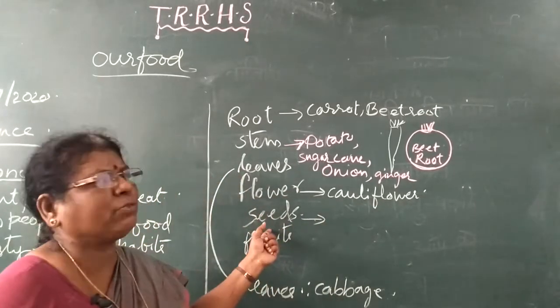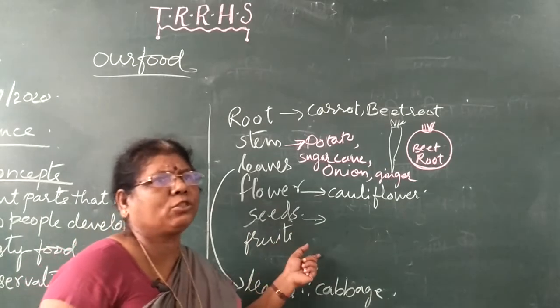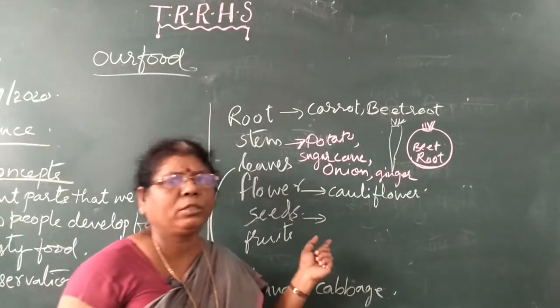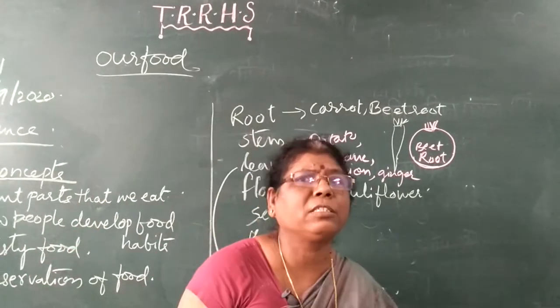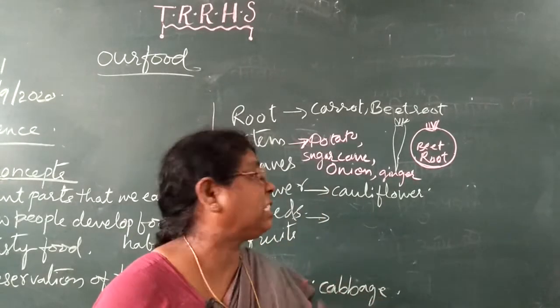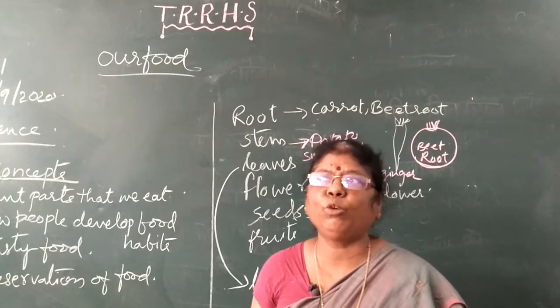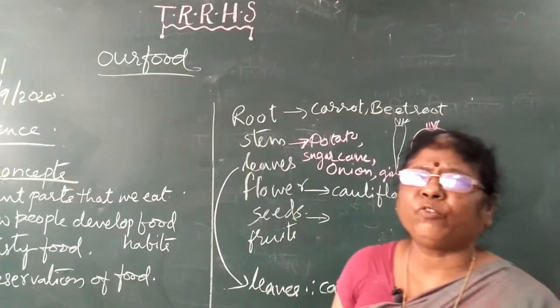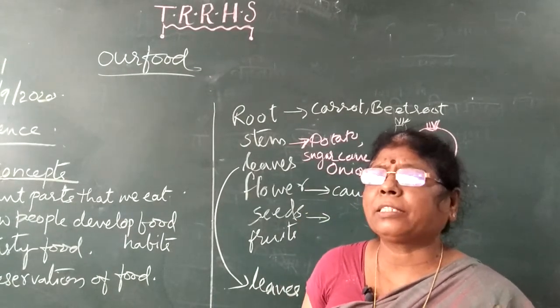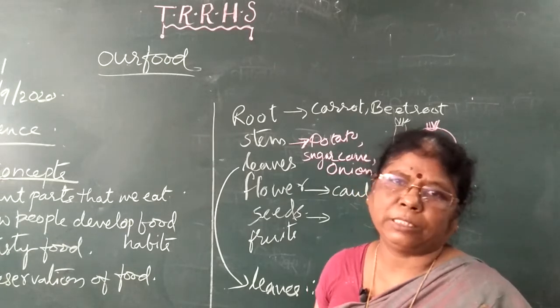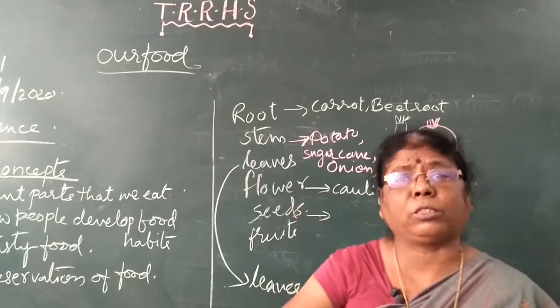Now next, seeds. We eat all the cereals, grains, pulses, peas, beans, all the green peas, beans, mustard, cumin, fenugreek. These are examples of seeds. See, fenugreek, we eat both.